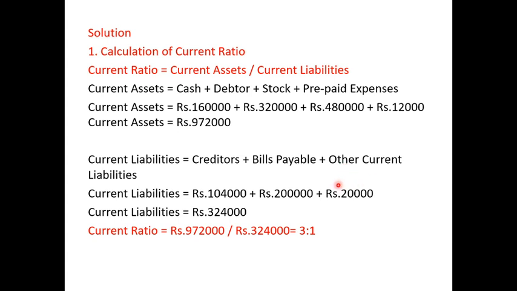These are the current liabilities. If we add all these three items, we get current liabilities of rupees 3,24,000. After calculating current assets and current liabilities, we can calculate the current ratio. Now the current ratio is 3:1.